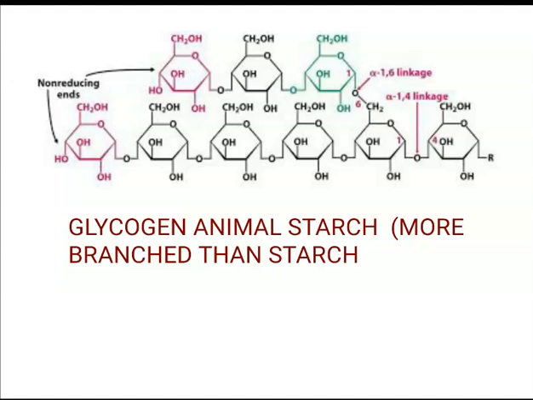Another way, glycogen is more branched than amylopectin, and in the human body it is mainly present in liver, muscles and in brain. Glycogen gets converted into glucose when our body needs it, and it is done in the presence of certain enzymes.